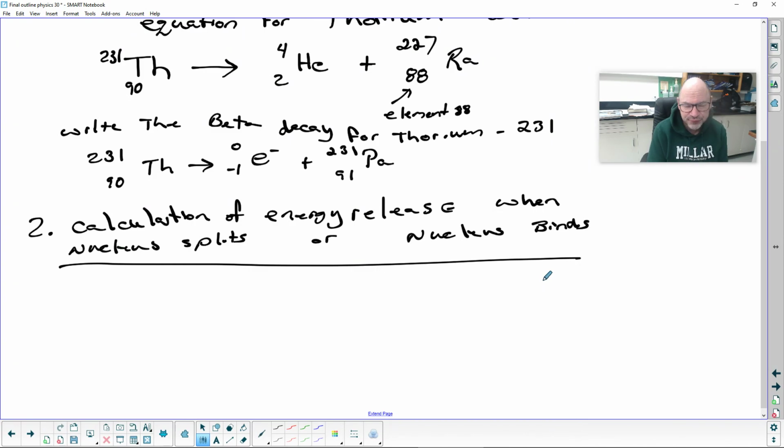Okay, so let's do a binding energy one, which is basically the same as a nuclear fission or fusion. They're both the same, so basically you're totaling up one side of the equation. The harder one would be binding energy, so let's do a harder one. Let's do an atom of binding. Now you don't have to memorize these or write them on your formula sheet, but protons equal 1.6726 times 10 to the negative 27 kilograms.